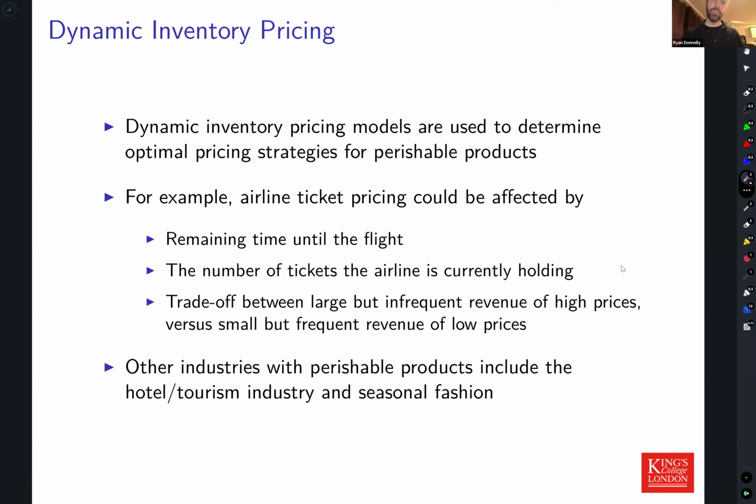Obviously, you like the prices to be large so that the revenue generated per sale is higher.